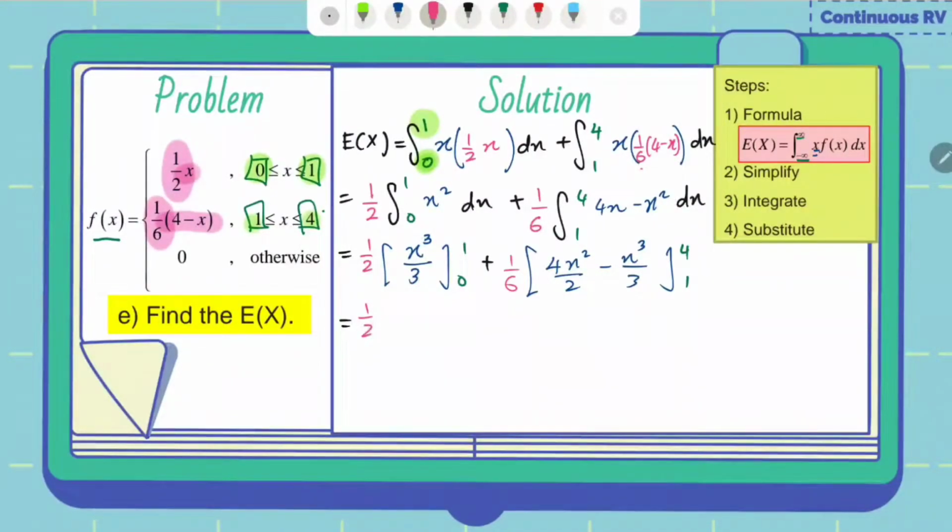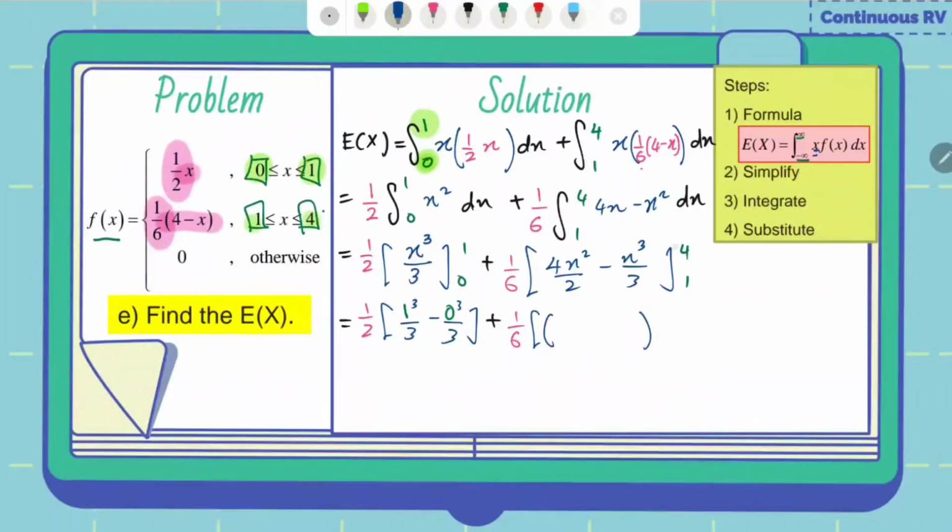This means we just have to substitute the upper limit, which is 1, for the first function, and then minus the lower limit, which is 0. Substitute the x like this. The same concept applies to the rest.